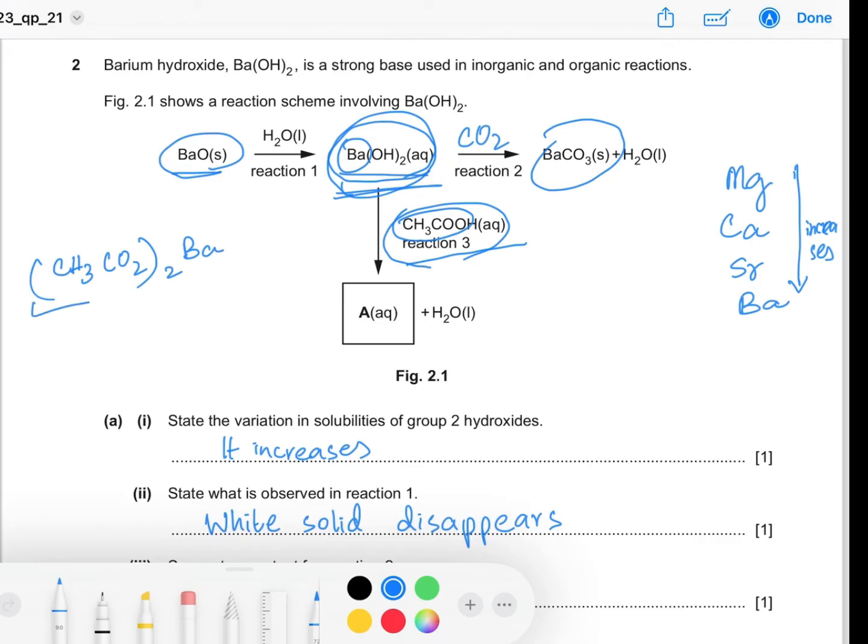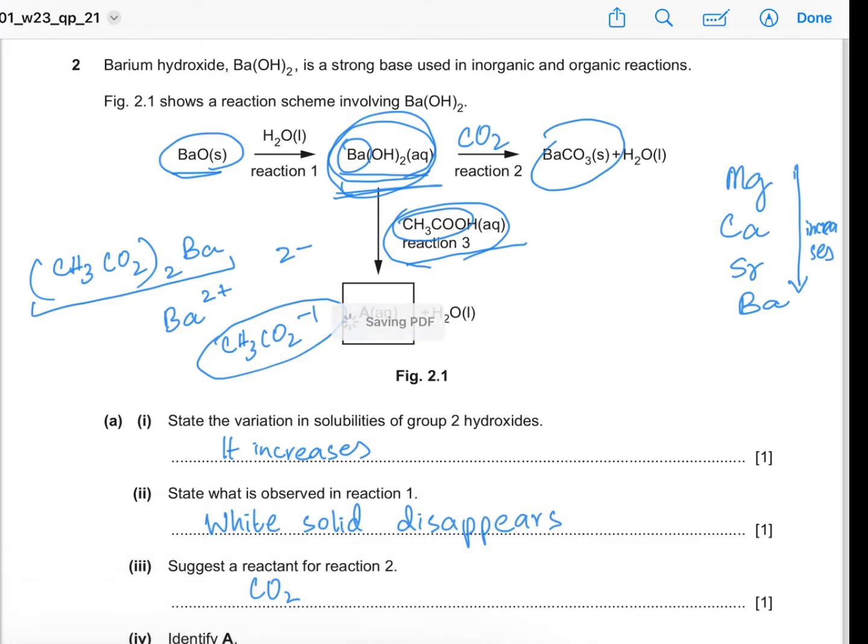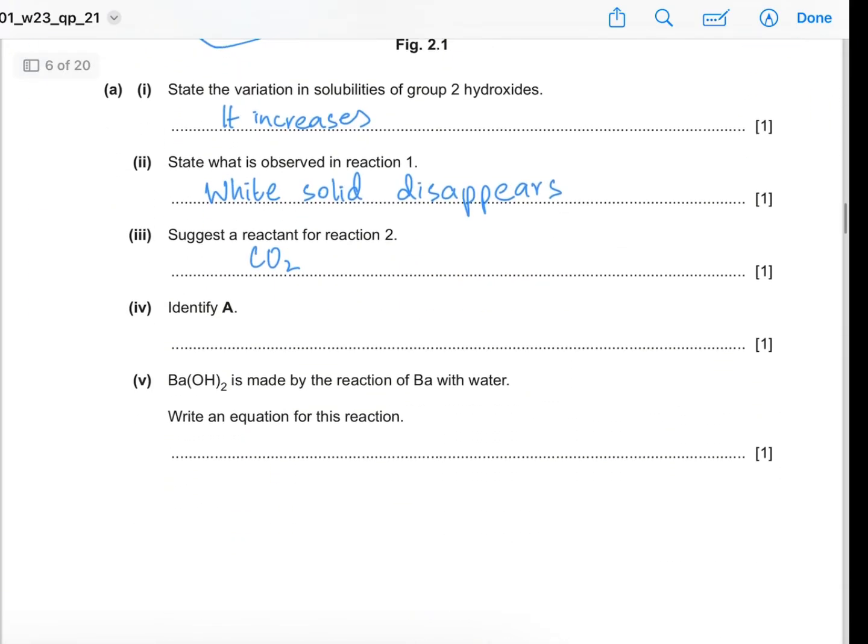Now the reason you have 2 ethanoate ions in each unit of the salt is because barium, being a group 2 ion, has a charge of +2, and to balance this charge you will need a charge of -2. Each ethanoate ion has a charge of -1, so you will need 2 of these in a formula unit of barium ethanoate.